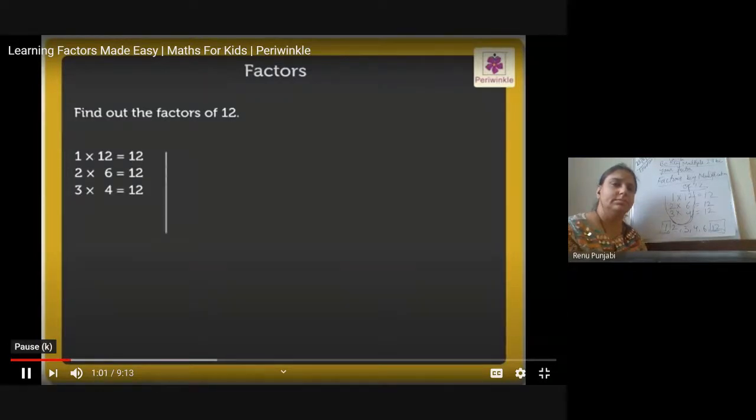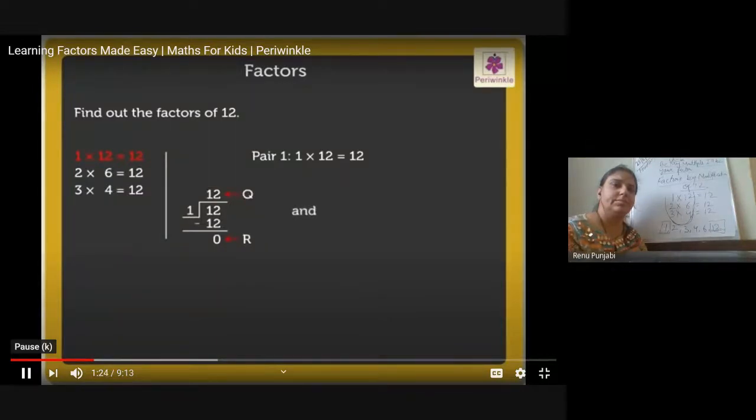Now, let us take each pair of numbers separately and understand what it means. Let us take the first pair. 1 into 12 is equal to 12. Now we will check it with division also, that they are exactly divisible by the number. Here, when we divide 12 by 1, we get the quotient as 12.